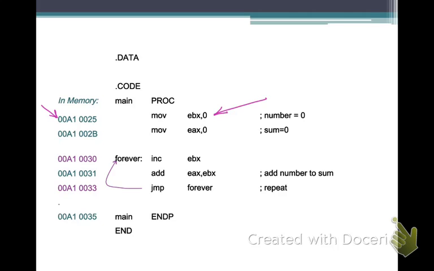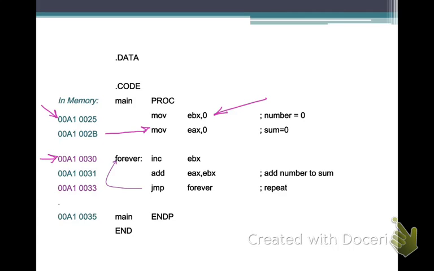We know that's an instruction that's going to take 6 bytes for the opcode, mode RM, and our immediate value. So 6 bytes to store it. When I add 6 to 25, I'm going to get 2B. So this is the address where the next instruction occurs. This one's also going to be 6 bytes. So when I add 6 bytes, I come up to this one.